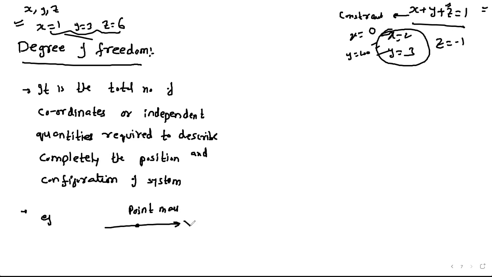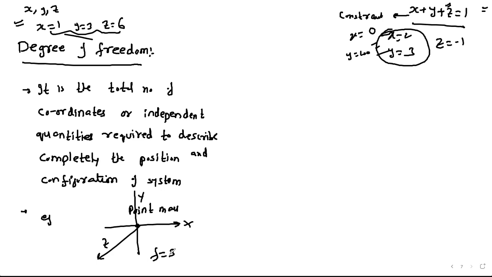It can move along the x-axis, or along the y-axis, or along the z-axis. It can move in any direction. So how much is the degree of freedom for this point mass, Fazil? Sir, 2. Why 2? It can move along the x-axis, the y-axis, the z-axis. It can move in 3 directions. So its degree of freedom here is 3.